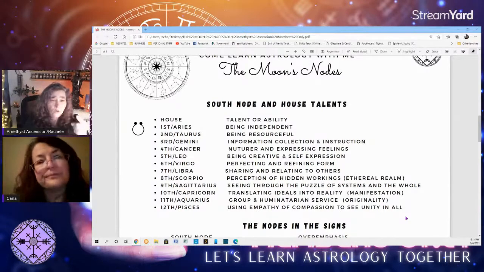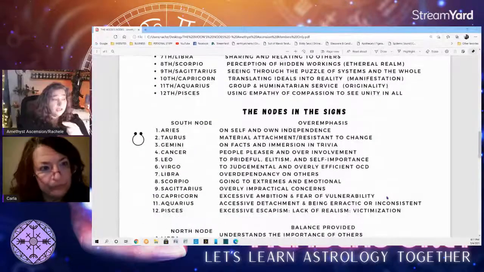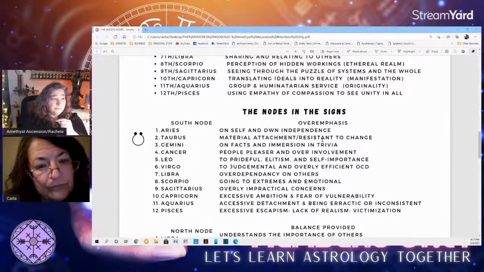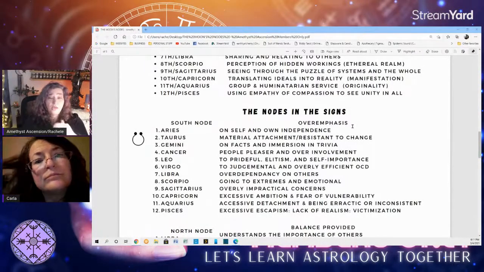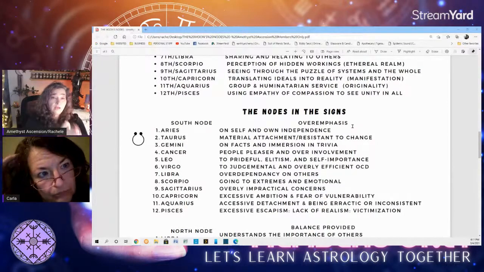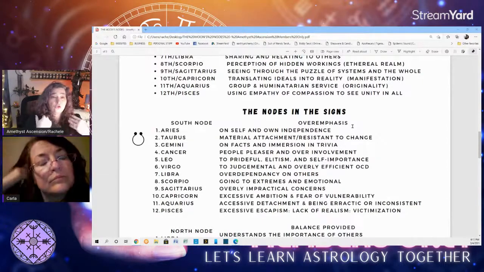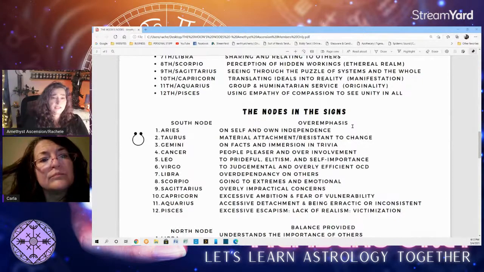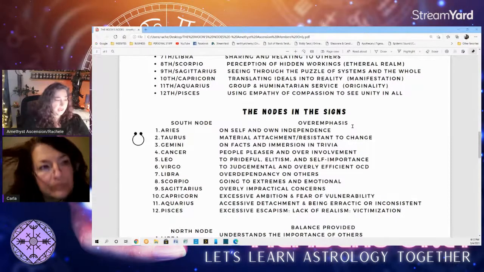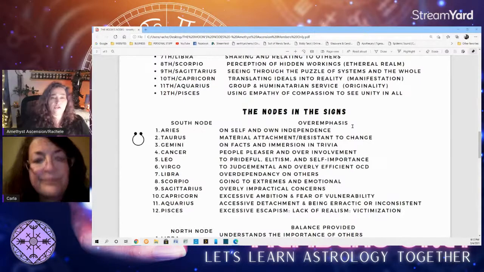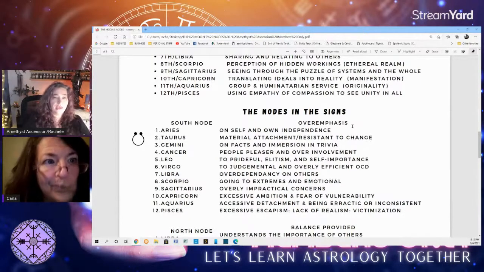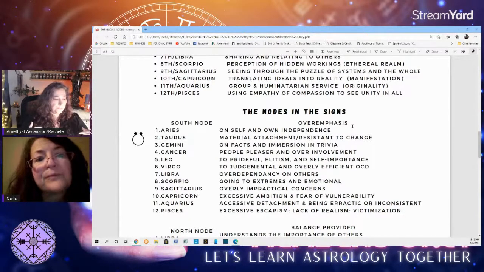And why is that needed? Because we show here the South Node, if it's overemphasized and you're too focused on it, it means that you try to escape. And think about Pisces. They can be known as being dreamy and into the fantasy world, and not always super grounded.